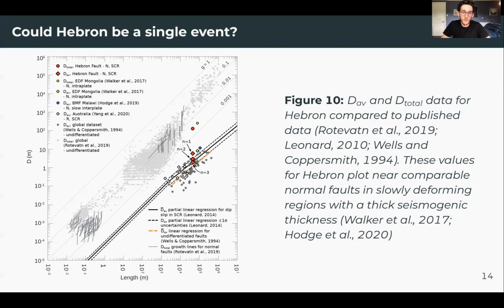It's true that intraplate events often have higher slip to length ratios, but this seems to be a bit higher than what one would generally expect. If you look at the other scenarios for 2 or 3 events, then we're getting much closer to the stable continental region regression line.